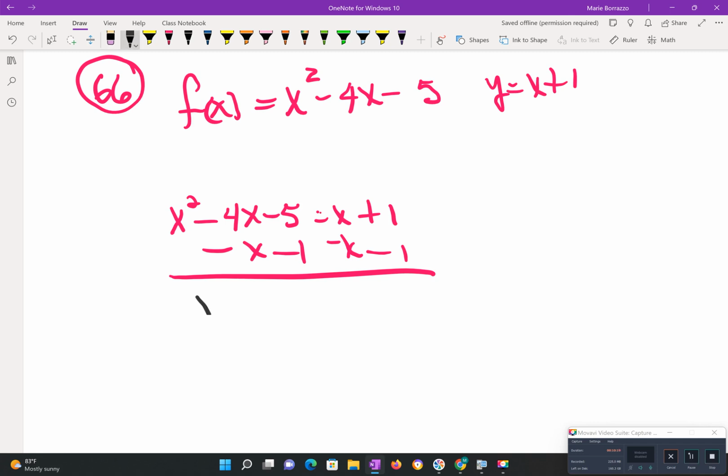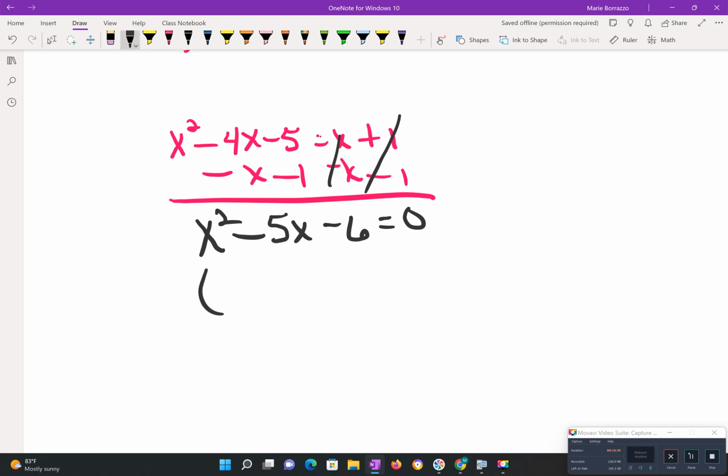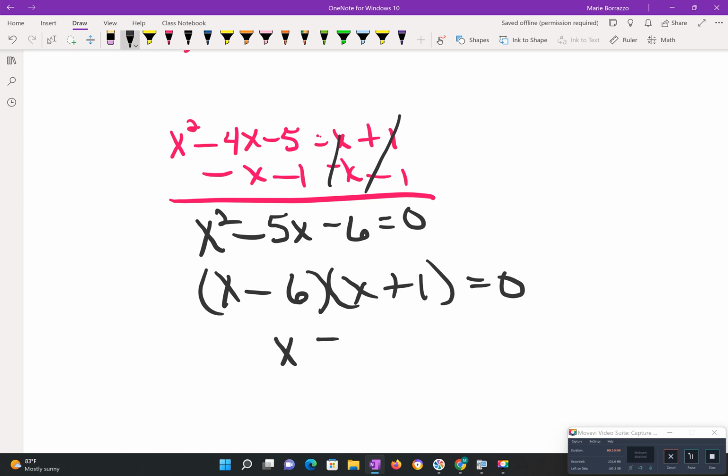And so we end up with x squared minus 5x minus 6 equals 0. You factor them. We get x minus 6, x plus 1, both equal to 0. Means that the 2 points, or the 2 edges I'm going to look at, are 6 and negative 1.